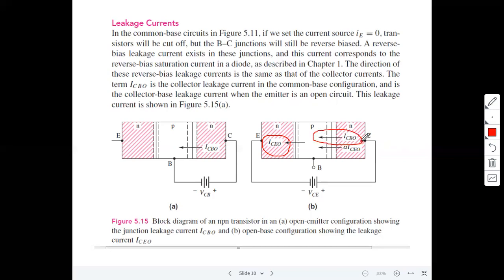So collector to emitter when the base terminal is open circuit. Mainly this one is used in CE configuration, whereas ICBO is collector to base when the emitter terminal is open. This configuration is CB configuration and this configuration is CE configuration.